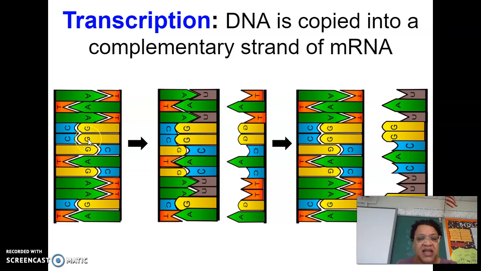So this is DNA unzipped, right? The hydrogen bond separates the molecules, and then the messenger RNA uses its complementary base pairing rules to match up the bases from DNA.